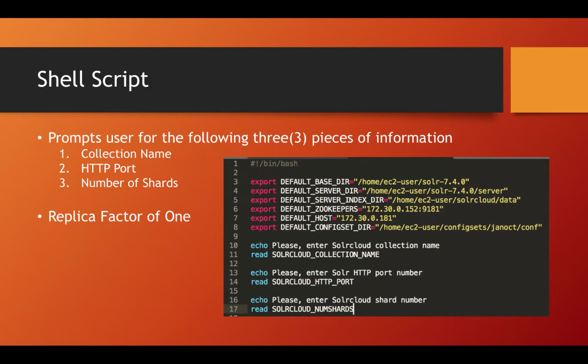And again, it asks you three questions: the collection name, the initial port, and the number of shards. If you notice above, there are some default parameters that I set. And this is pretty much the location of the Solr binaries, where I want the index data to reside, and essentially the Zookeeper ensemble.